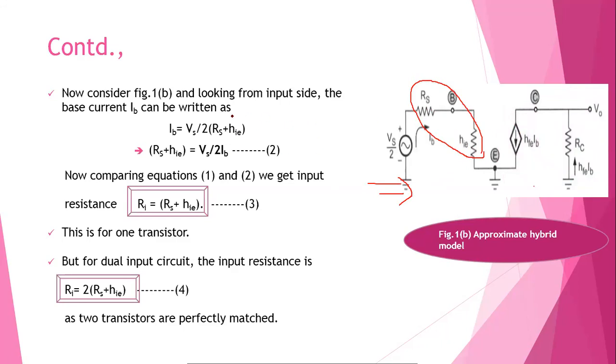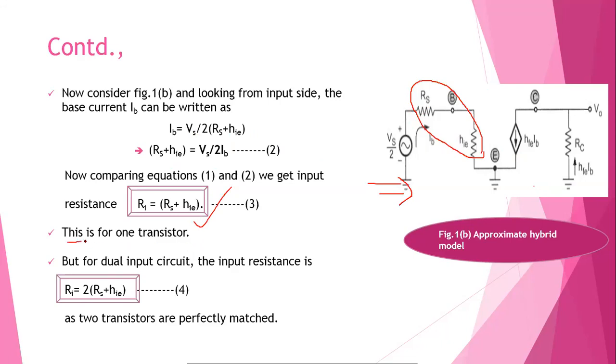As per the definition and from the circuit we are considering, Ib is equal to Vs by 2 into Rs plus hie, as Rs plus hie is considered to be the input resistance. From this we can write Vs by Ib, which is nothing but the input resistance, is equal to Rs plus hie, which is shown in equation number 3.